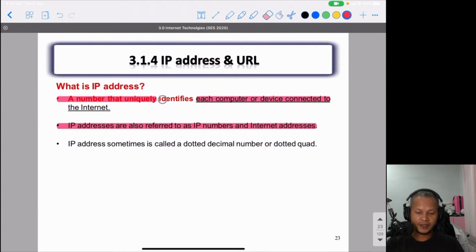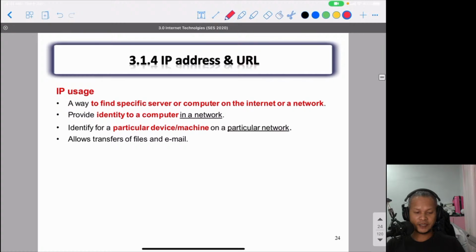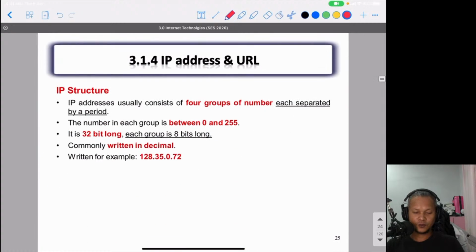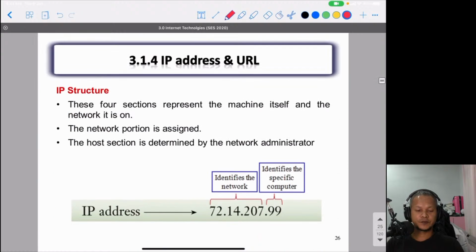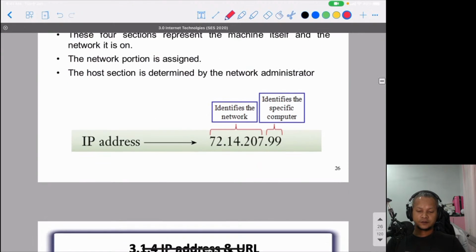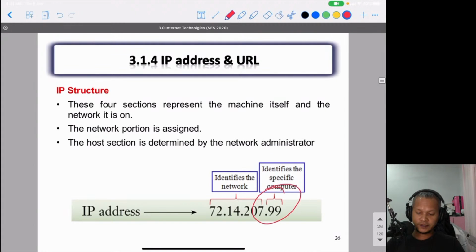We cannot delete it. Okay, we cannot delete it. So here you need to know what is an internet address, IP usage, why we are using IP, and the structure of IP. Okay, the last thing is to identify a specific computer.